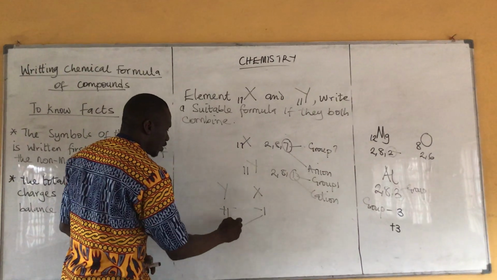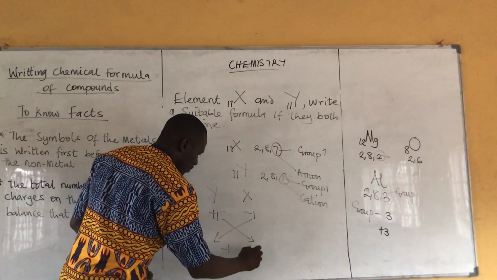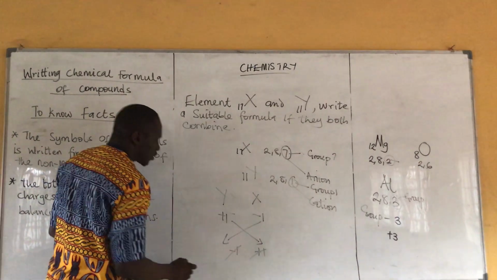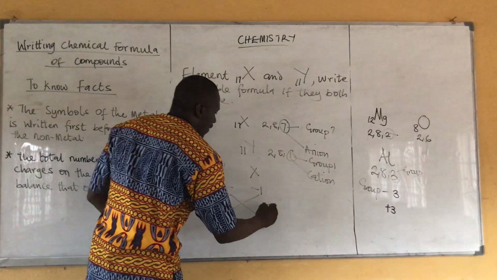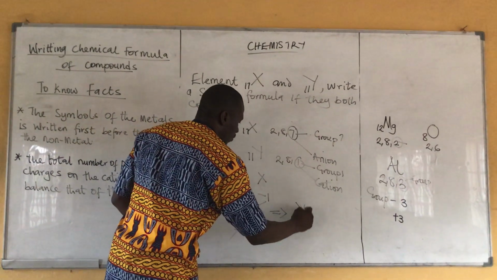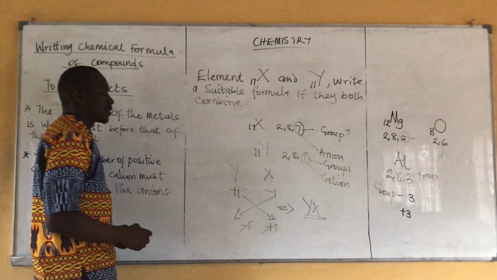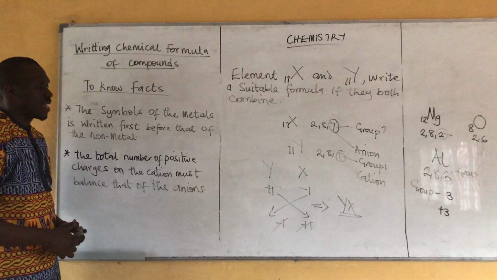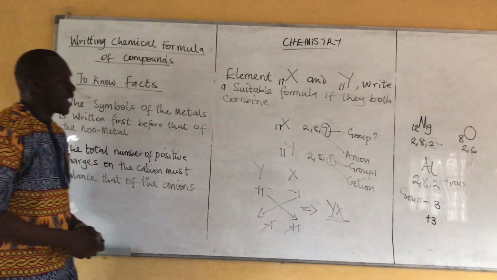If they exchange their valencies, they will cancel out. Therefore, our formula, if they combine, becomes YX. You don't need to identify them for them.